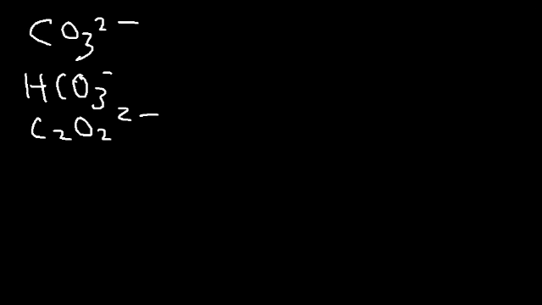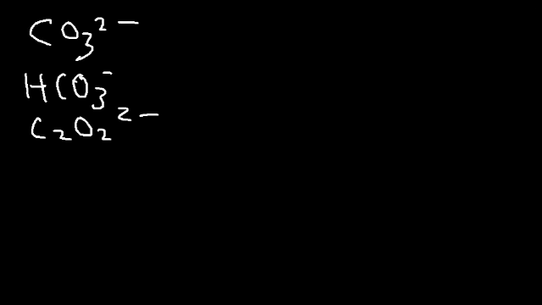And whenever oxygen has a -2 charge or oxidation state, it's called oxide. If it has a -1 oxidation state, it's called peroxide. Sometimes you might see it like this. If you see O2 2 minus, this is also referred to as peroxide.